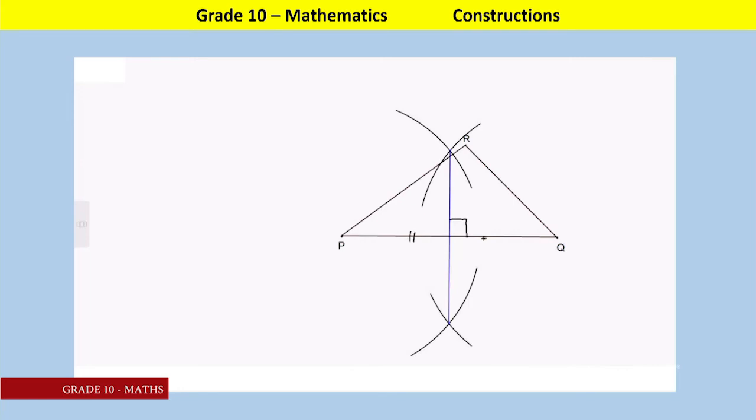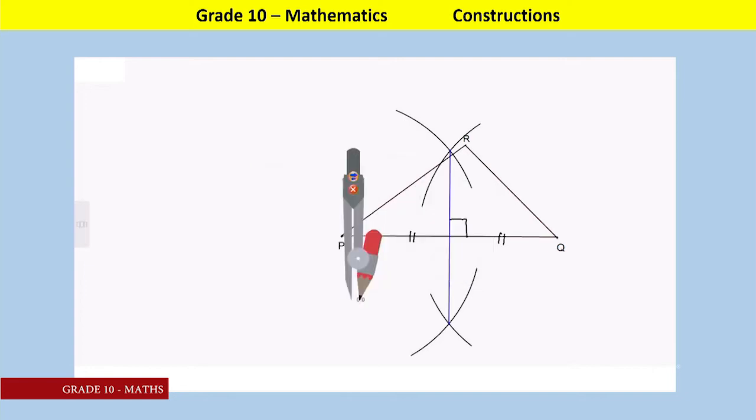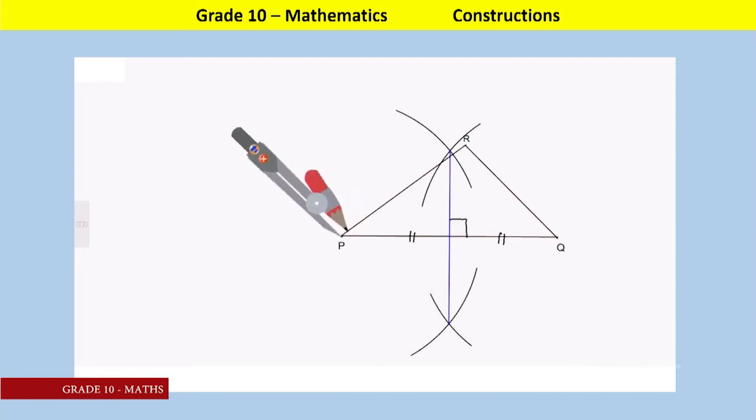So how do we show that it is a perpendicular bisector? Remember to mark equal as well as 90. Let's construct another perpendicular bisector. You can select either PR or RQ. So I will select PR.